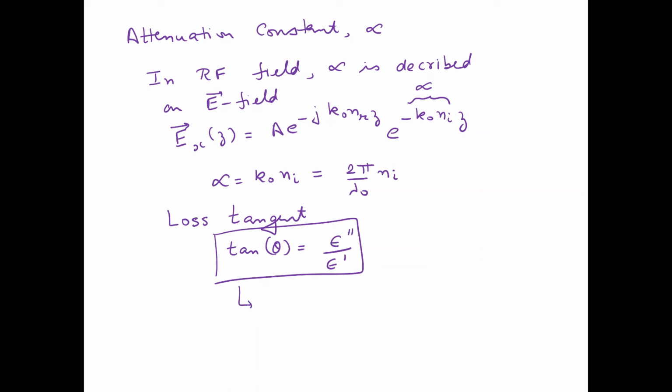It's a measure of loss in the medium. The larger the value of tan θ, the larger the loss would be. The larger ε double prime is, the larger your n_imaginary would be, the larger your loss is.